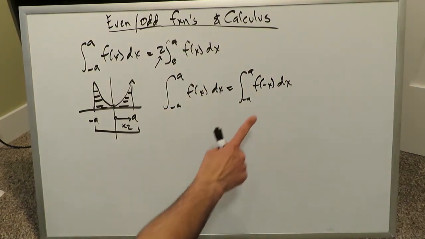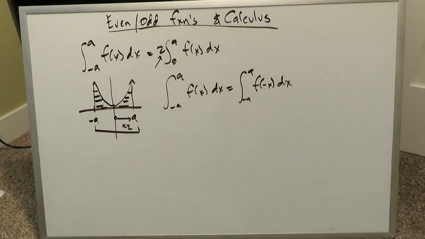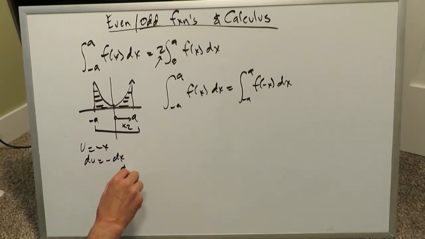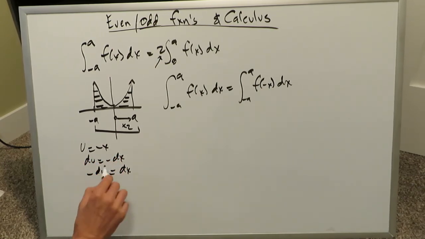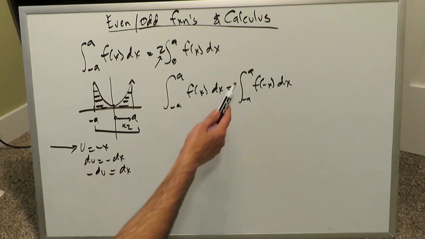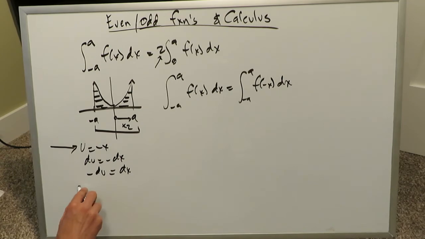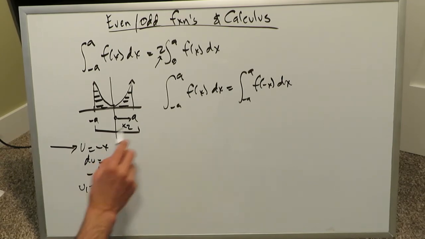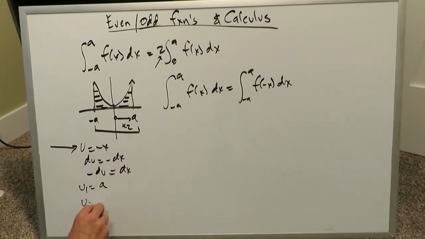From here, if you look at this part specifically and you use substitution, u is equal to minus x, du is equal to minus dx, dx is equal to minus du, and you modify your intervals according to this, because they do modify. You have definite intervals here. u1 is equal to minus a, it becomes a. u2 is equal to minus of that positive upper limit, and you get minus a.